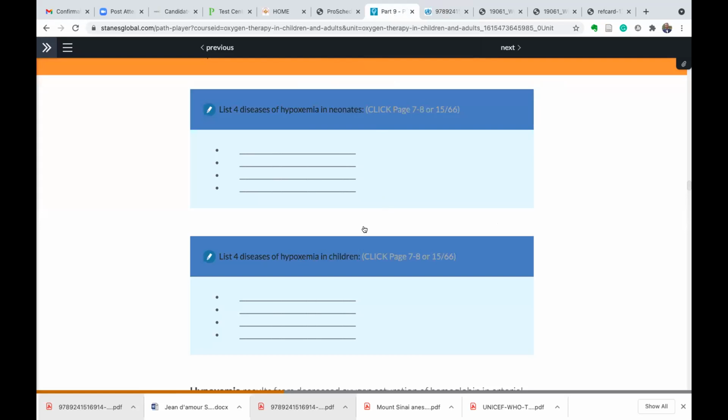Okay, let's move to the next question, which is hypoxemia in children. Let us define children as those above 1 year of age. So what are the common causes of hypoxemia?